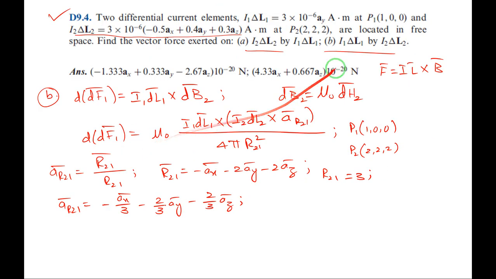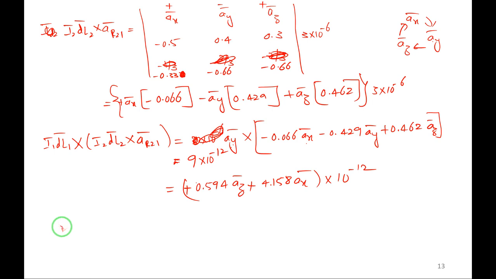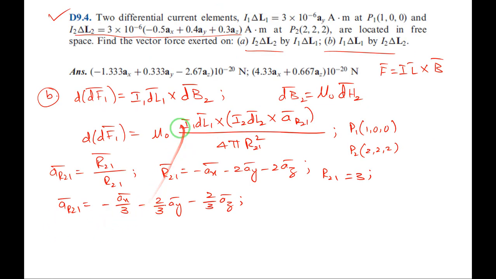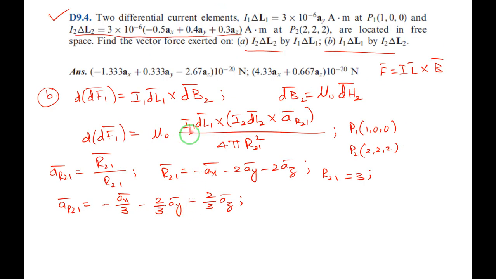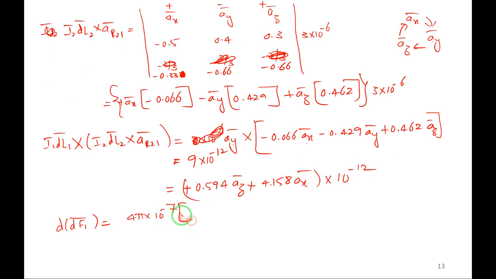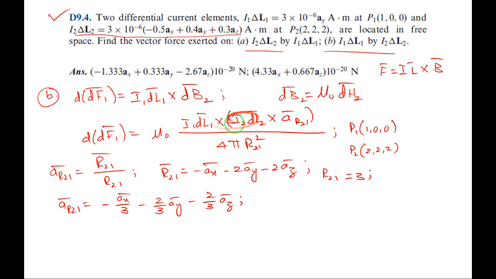So the entire numerator is over, this one in the formula. Next, we will see the final formula. DDF1 is equal to mu naught. Mu naught is nothing but 4 pi into 10 power minus 7, into, I will put the bracket, or else it will take it as a cross product. This entire thing we have found out.